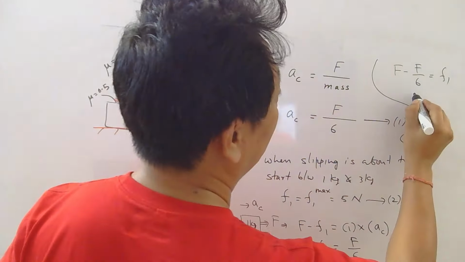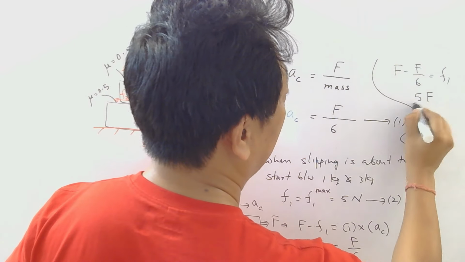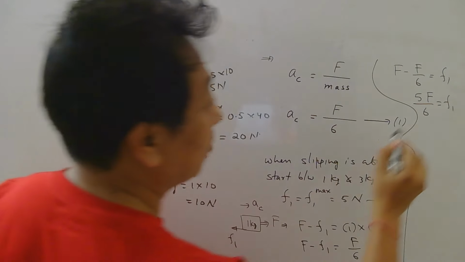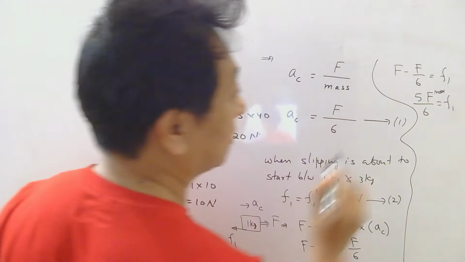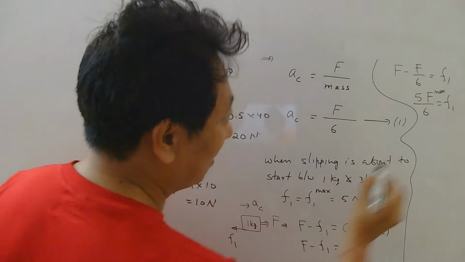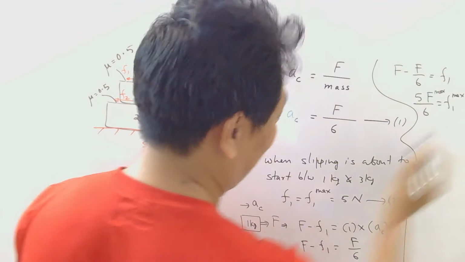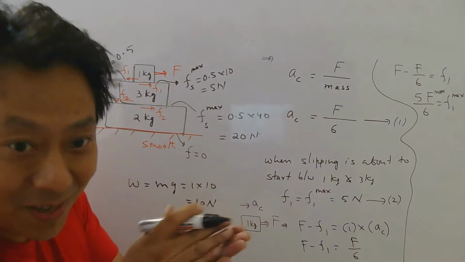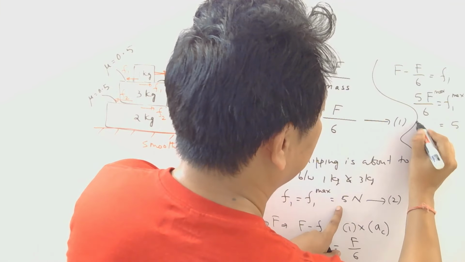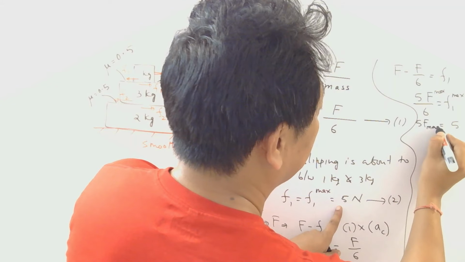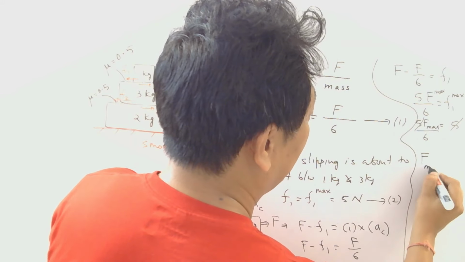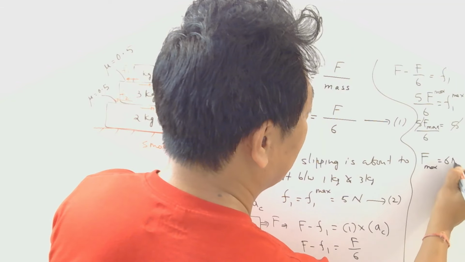And that will give you 5F by 6 equals F1. And if you want the max value of the force at which slipping is about to start, F1 will reach its max value. And F1 max we know is 5. So 5 cancels, cross multiply. F max will be 6 Newton.